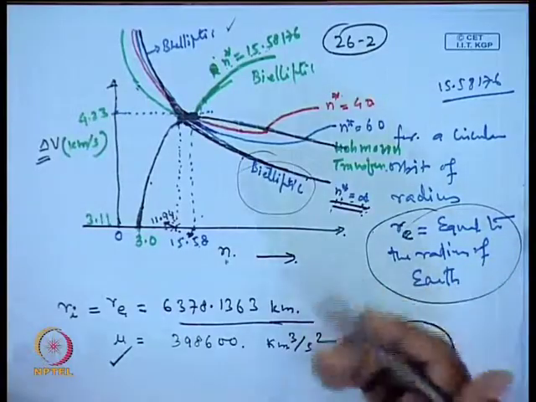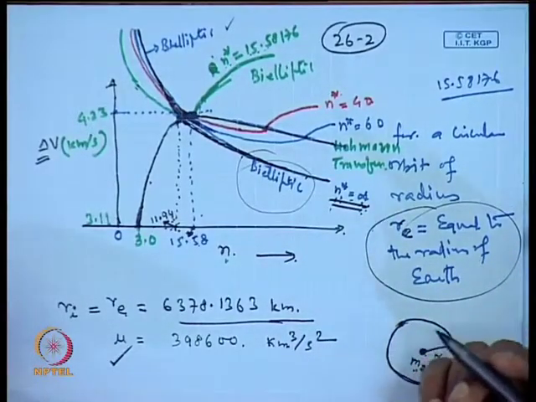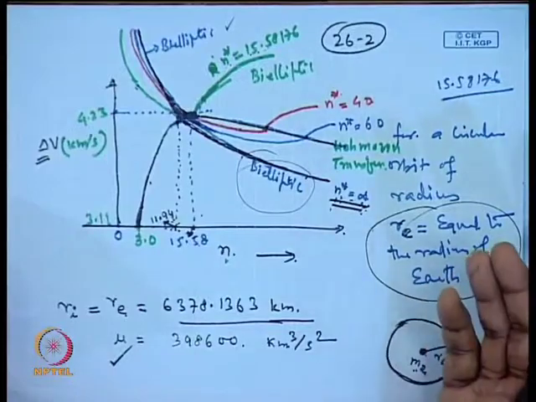So, from here what we conclude is that our Hohmann transfer is best for satellite transfer from one orbit to another orbit, as we do in our usual cases for the Earth satellite, where the satellite may be in the low Earth orbit or in the GTO, which is called the geosynchronous transfer orbit. It has to be transferred into the geosynchronous orbit.